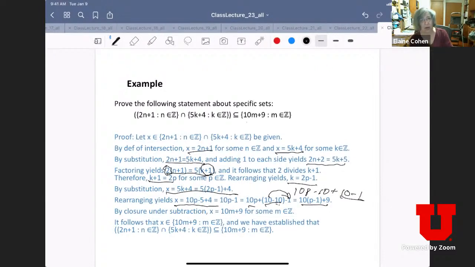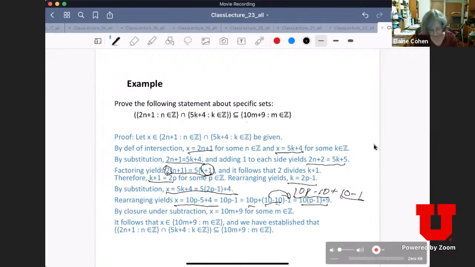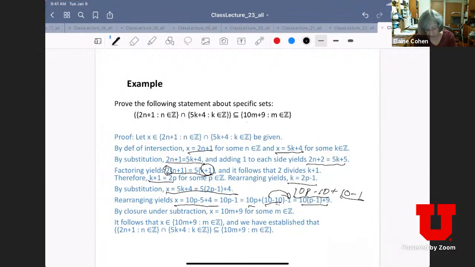So that gives you the 9. And when we use the distributive law, we get 10 times p minus 1 and finish it off and show that it's of the form. What did we have to show? We had to show it was of the form 10 times an integer plus 9.